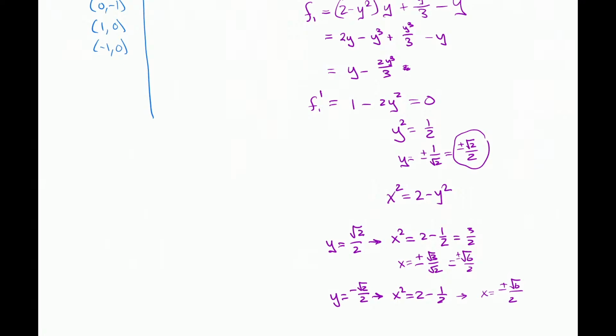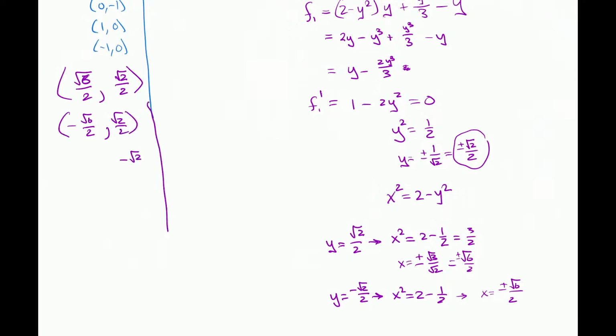When y is equal to radical 2 over 2, I get positive radical 6 over 2 and negative radical 6 over 2. And then when y is negative radical 2 over 2, I have the same thing.